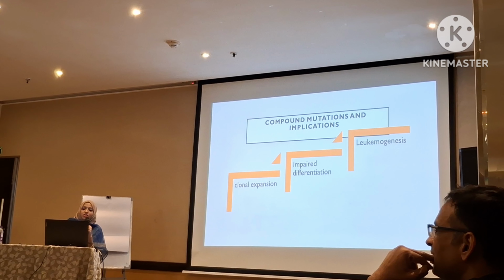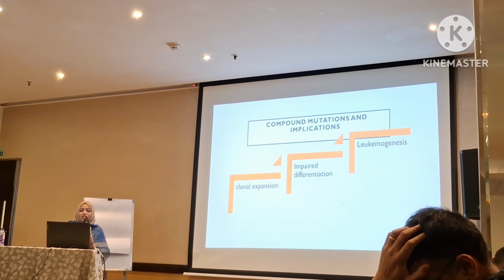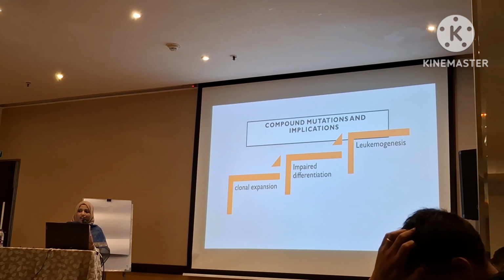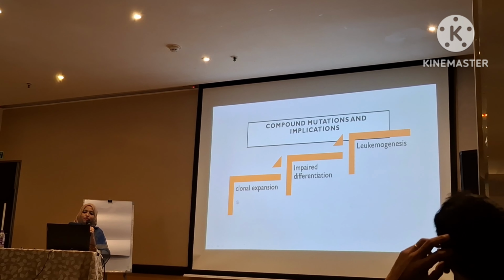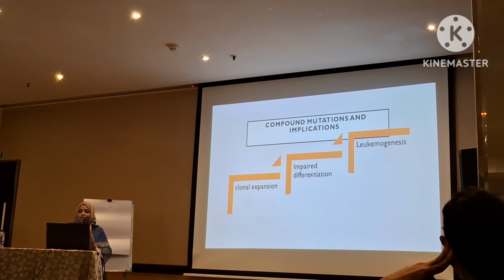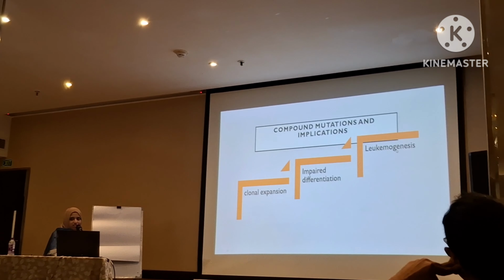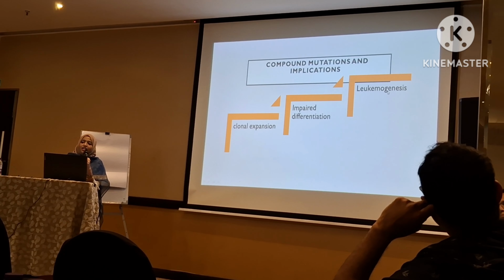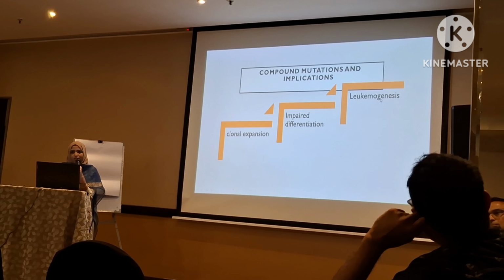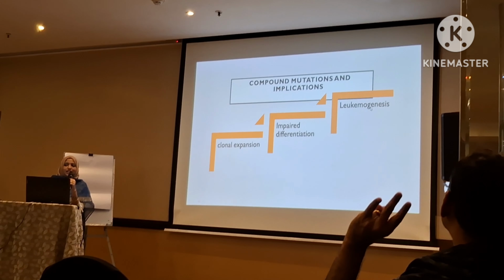So here also, compound mutations in BCOR will profoundly cause loss of BCOR activity, driving clonal expansion, impaired differentiation, that means increase in blasts, and enhanced leukemogenic potential. All these are contributed by BCOR mutations because it has lost its activity because of compound mutation, in simpler terms, by biallelic inactivation.